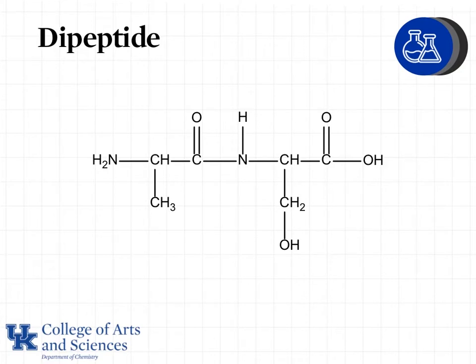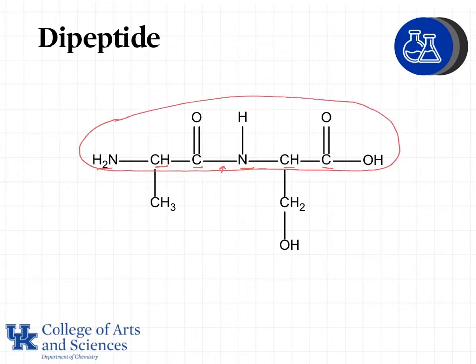In this case, we have our amine group, our CH, C double bond O. We have our amine group, our CH, our C double bond O. In this case, there is no oxygen in this one with our carboxyl group because it went away when we had the condensation reaction to form it. As a result, all of this is considered the backbone of the dipeptide, and then we have 2 side chains.